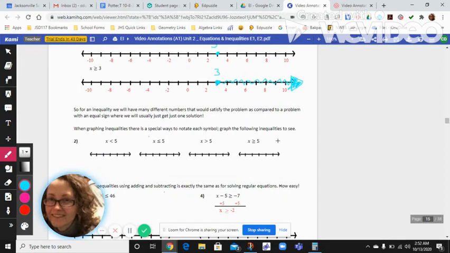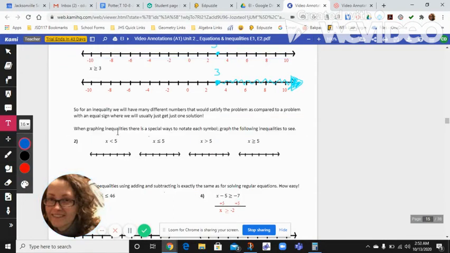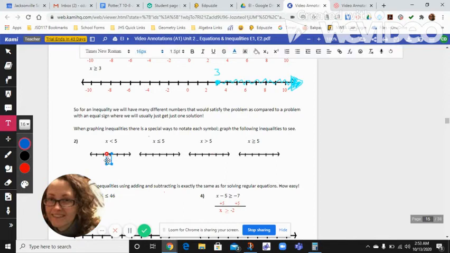So let's go ahead and take a look at what these inequalities look like. So I want to graph my critical number, which is going to be 5. Now, one unique thing about these inequalities is if I only have 1 or 2 numbers that I have to graph, I really only need to graph my critical numbers.